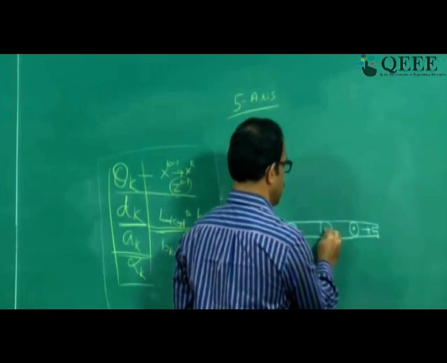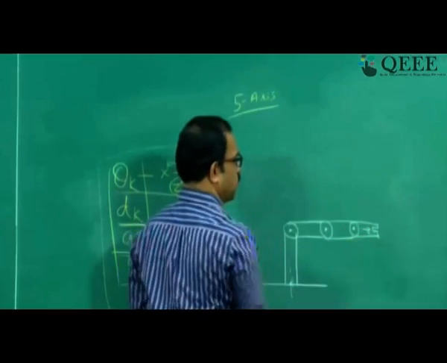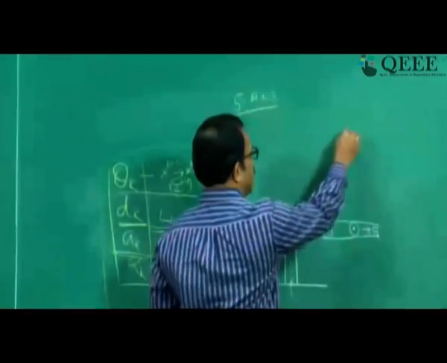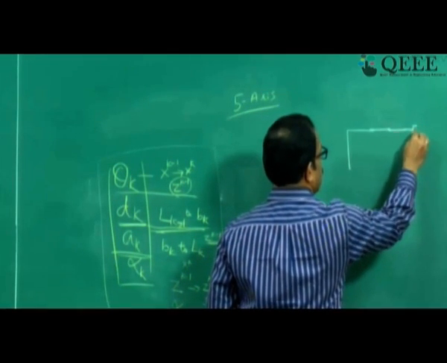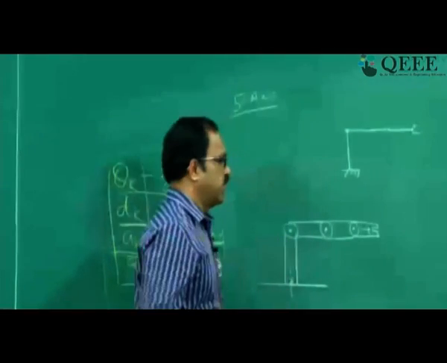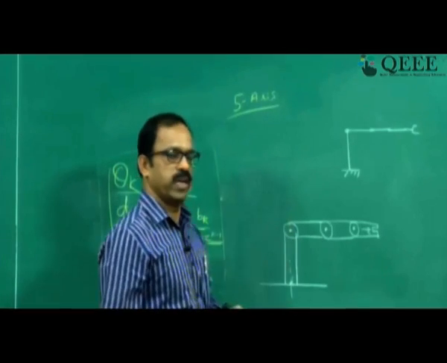So this is one joint, another joint, a joint here, and this one. This can be considered as the home position. You can even use a line sketch like this. I start with a simple home position for easy analysis, and that will help you analyze it easily.